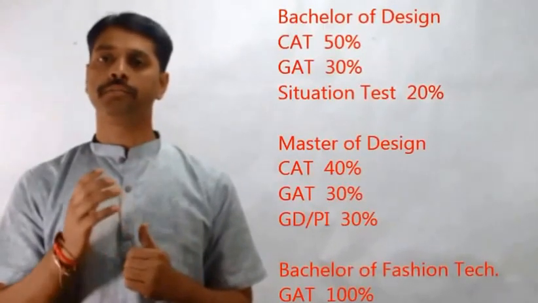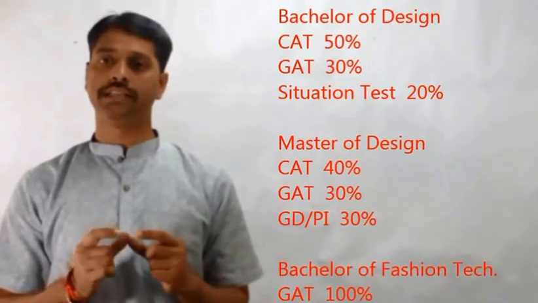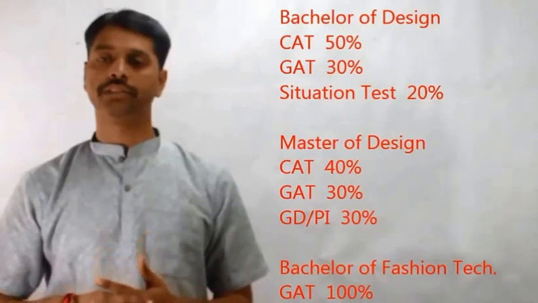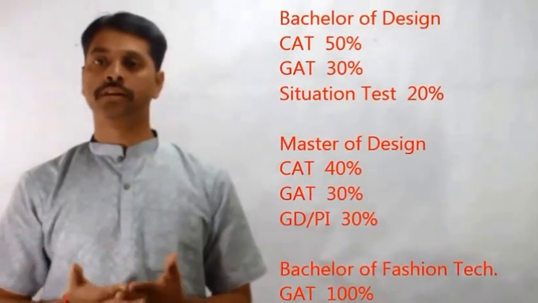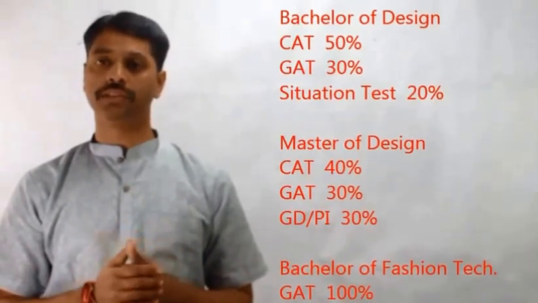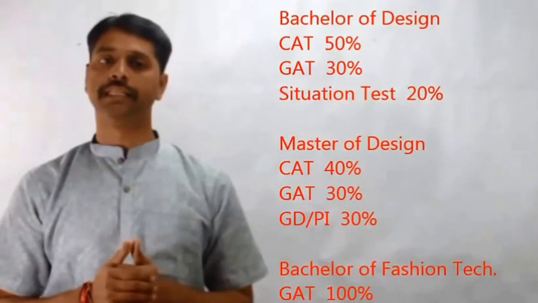Same goes for MDes, but the difference is at the level of ST, which is the studio test. In Master of Design courses there is no studio test. In that place we have GDPI, group discussion and PI, for the MDes candidate.